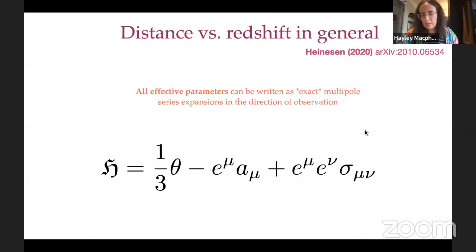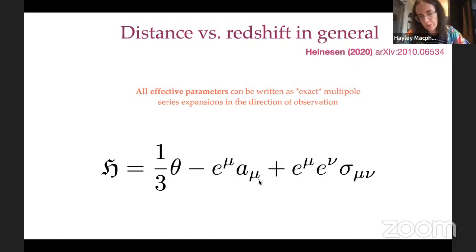And so another good thing about this formalism is that all of these effective parameters can be written as multipole series expansions in the direction of observation. So this vector E mu that I introduced before. And so as an example here for the effective Hubble parameter, we have 3 terms. We've got one term, a monopole component, which is isotropic on the observer's sky, which is given by the isotropic fluid expansion.